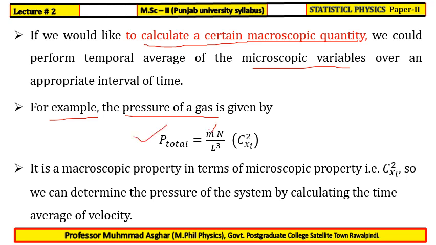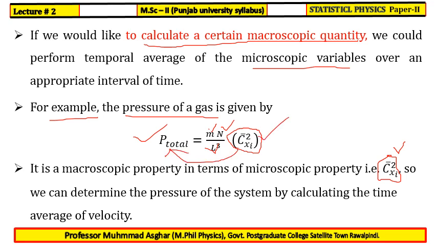Here, m is the mass of the particle, N the total number of molecules, and L the length of the cubical box. And this quantity is important, which is the average of the root mean square velocities along the x-axis. So knowing this Cxi, the root mean square velocity, the time average of this velocity gives us the pressure of a gas.